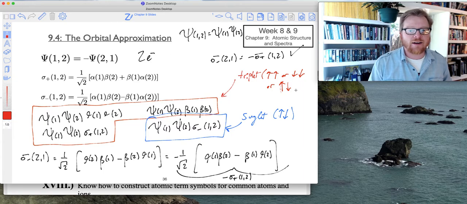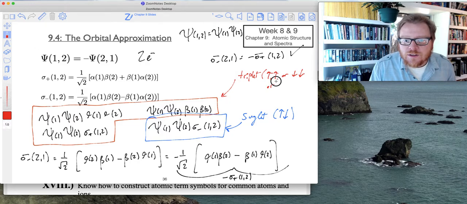So we know that that's not acceptable. So really what it means is we've just switched the labels. So if I put 1, 2, what we have is 2, 1.